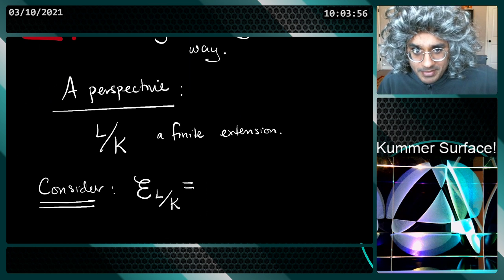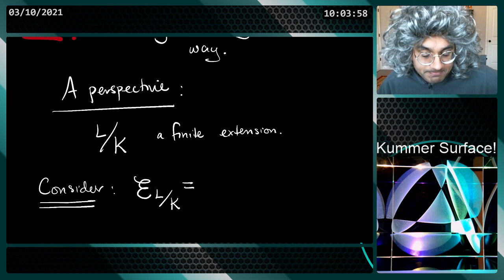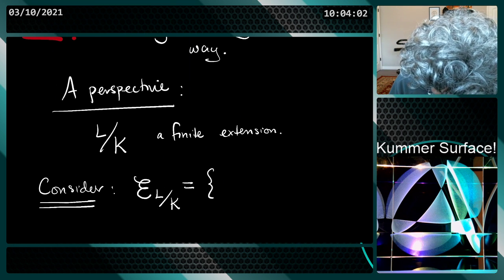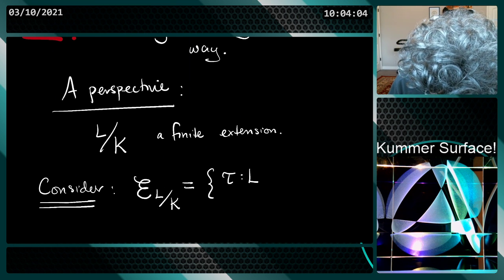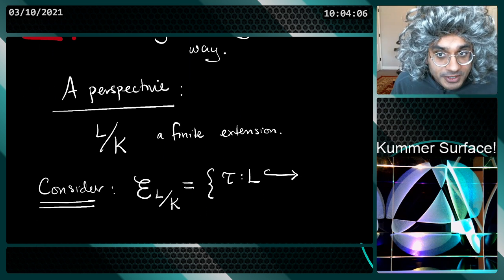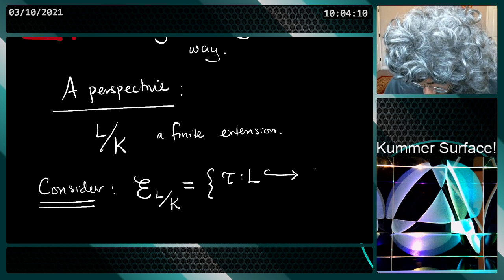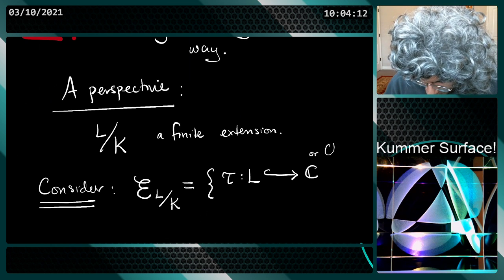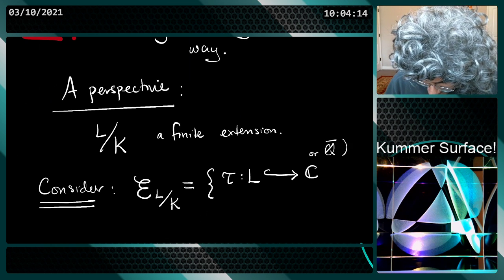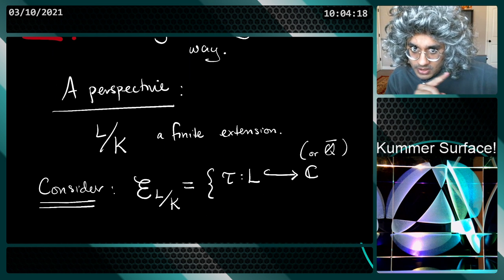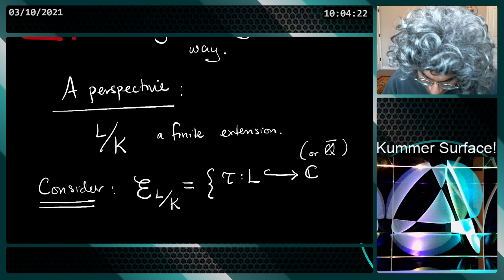They're the same because we're looking at a finite extension. So we're in algebraic world. It's the set of K homomorphisms of L into C, or Q bar. Same thing because L over K is finite. So all numbers as outputs will be algebraic numbers.